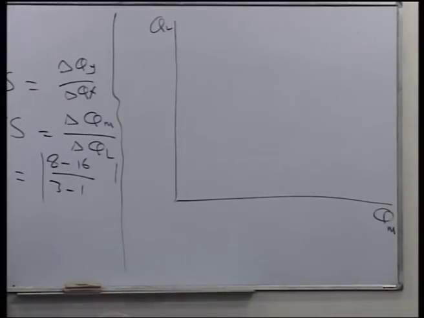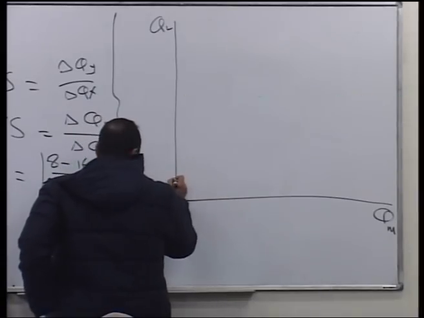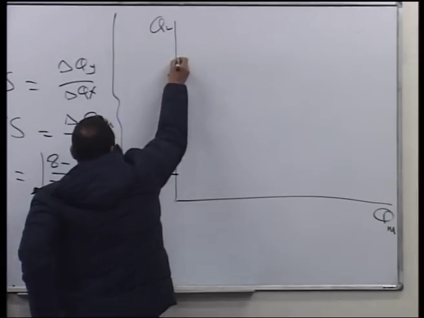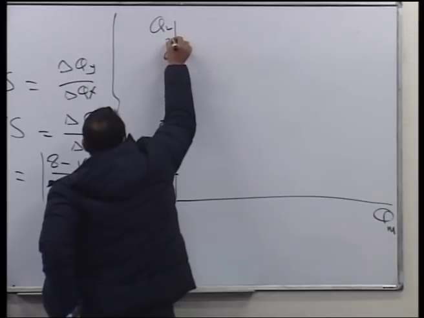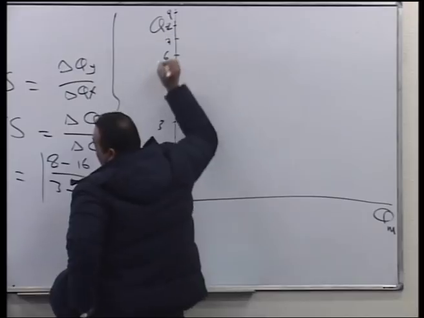Quantity of labor: 1, 2, 3, 4, 5, 6, 7, 8, 9. Okay, doesn't matter.